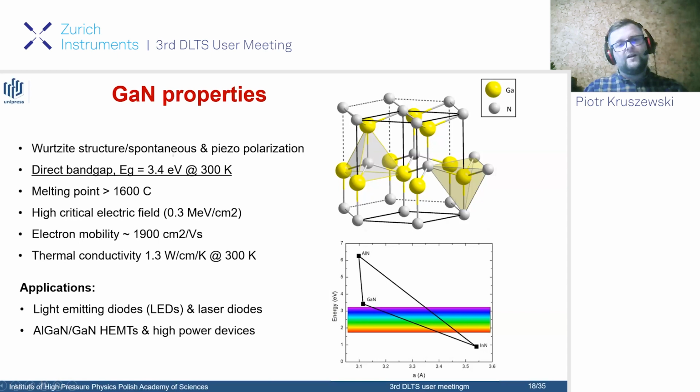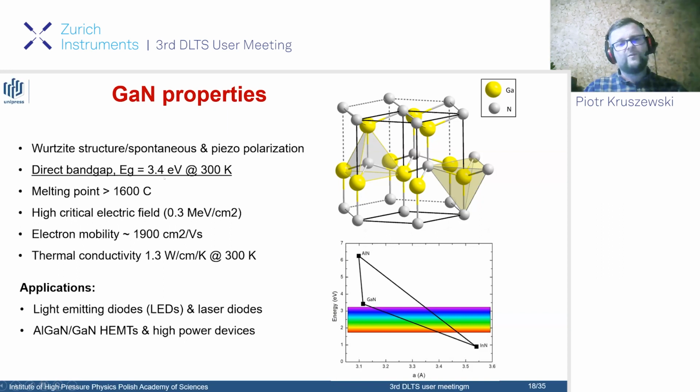So if you have a material like aluminium nitride, where the layers are strained to gallium nitride, you should expect not only spontaneous polarizations from both materials, but also piezo polarization. This is important and has plenty of applications.